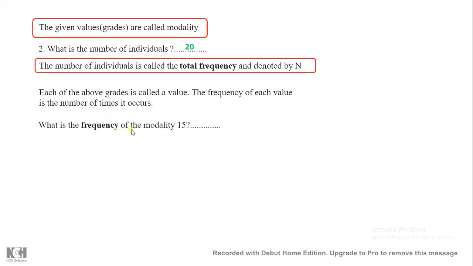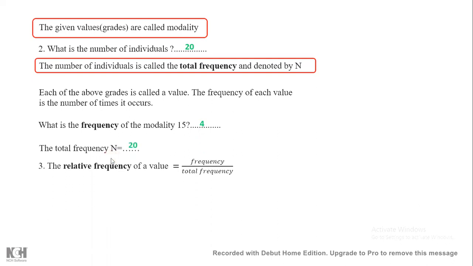What is the frequency of the modality 15? Going back to the given list, you will notice that 15 has occurred 4 times. So there are 4 students whose grade is 15. The total frequency N is 20, which is the total number of students of this class.